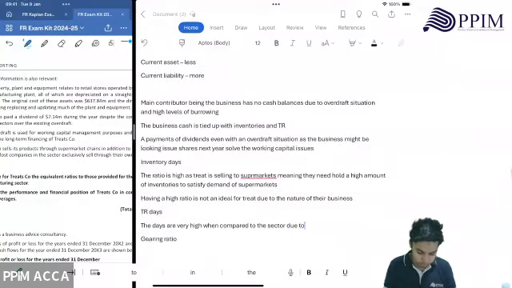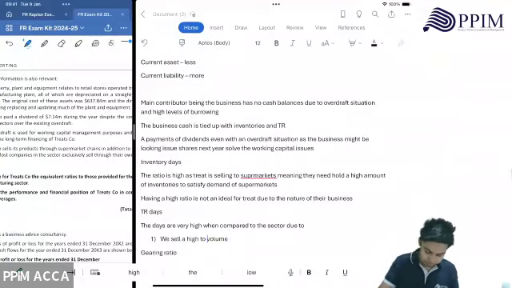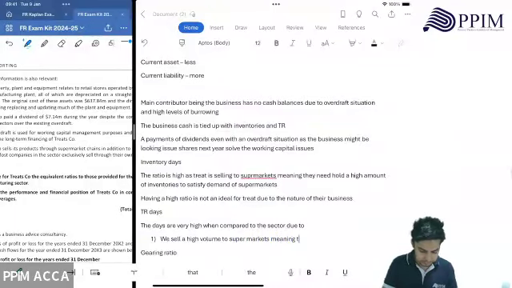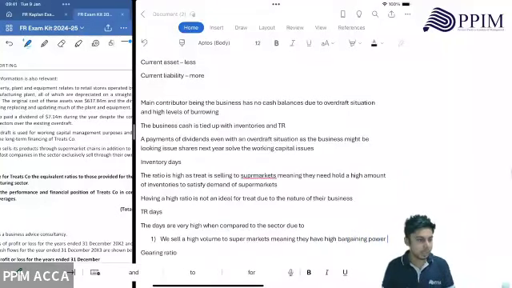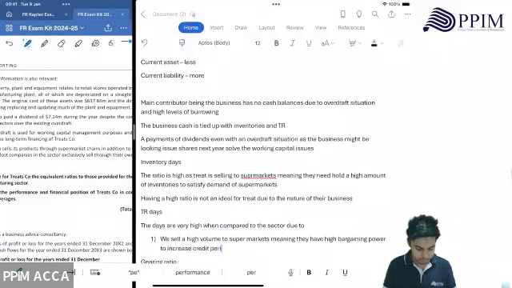Due to, number one, we sell a high volume to supermarkets, meaning they have a high bargaining power to increase the credit period.